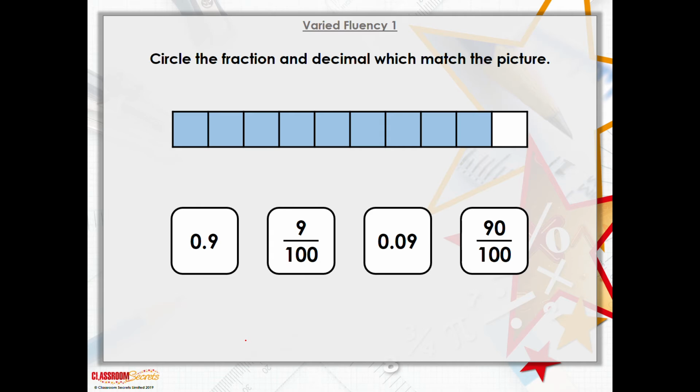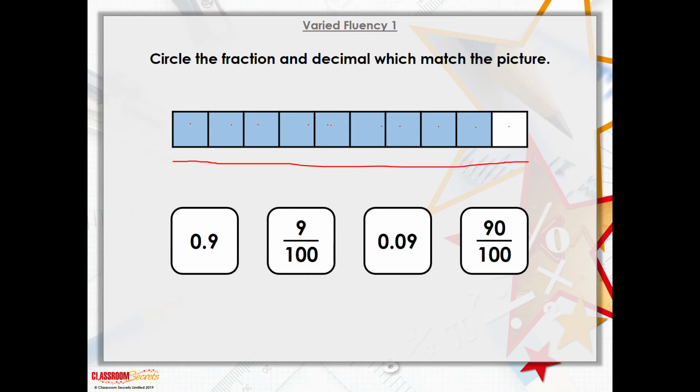Right, let's have a look at our first activity. It says here, circle the fraction and decimal which match the picture. Now what we've got here is a bar. A bar is showing our whole. This bar has been split into 1, 2, 3, 4, 5, 6, 7, 8, 9, 10 equal parts.